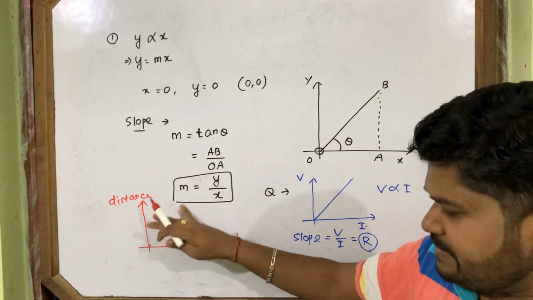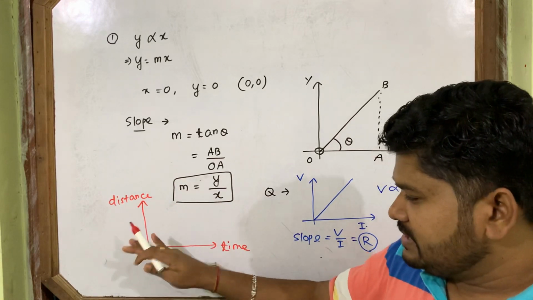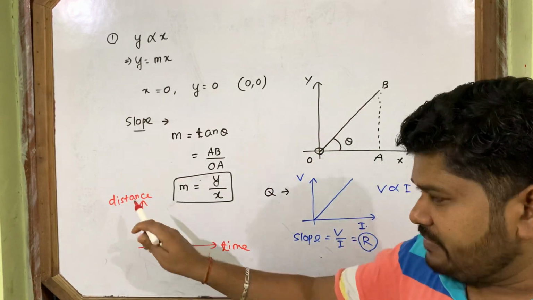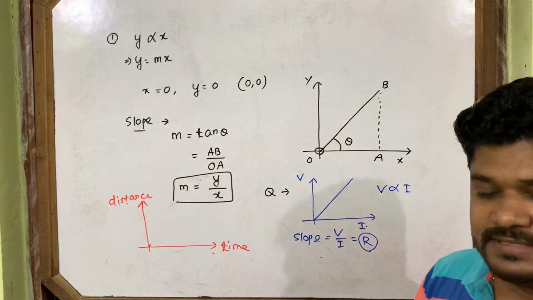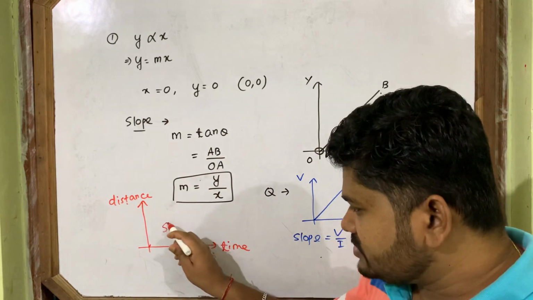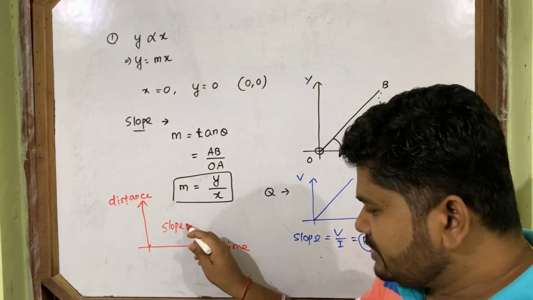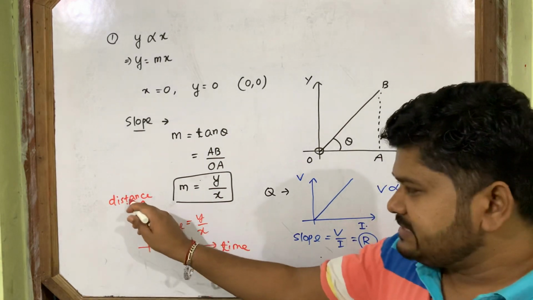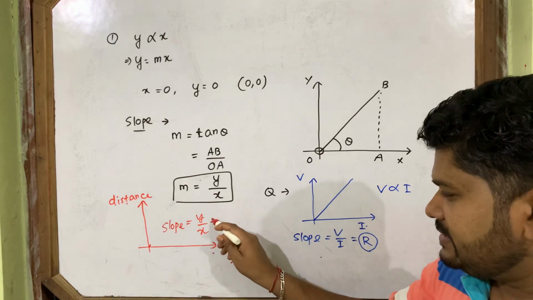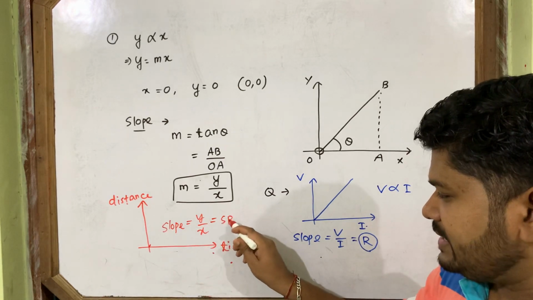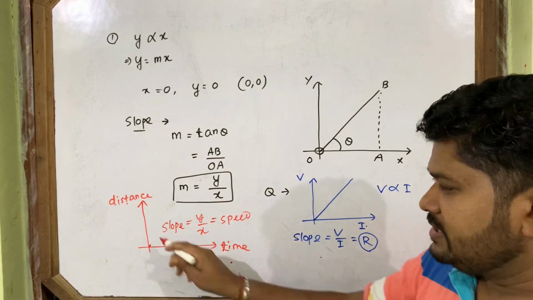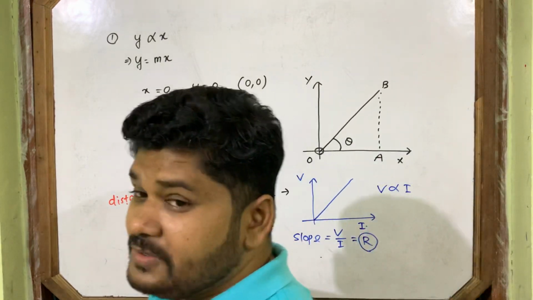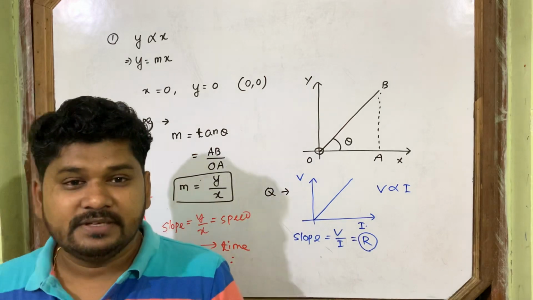What type of graph it may come, any shape, doesn't matter. But if you have the y-axis and x-axis and the question is asked, slope provides what, then immediately you do y by x. Distance by time is nothing but speed. So the slope of the distance-time graph provides the value of speed.